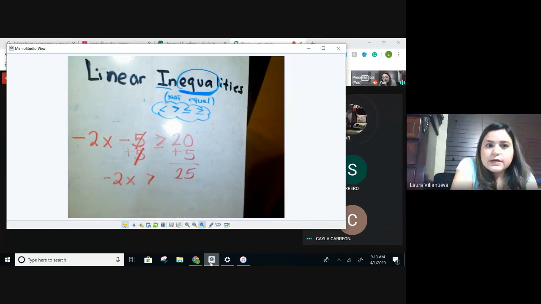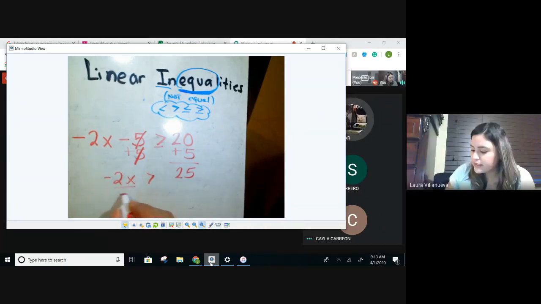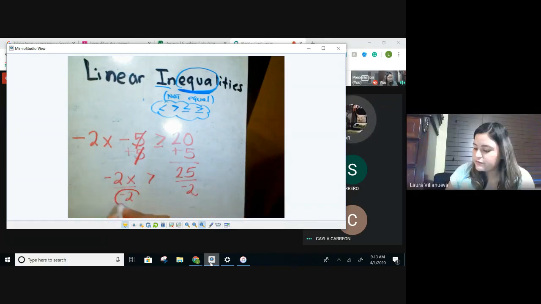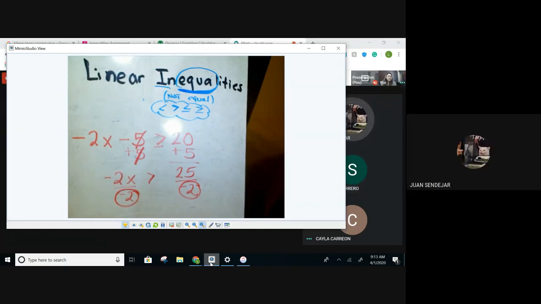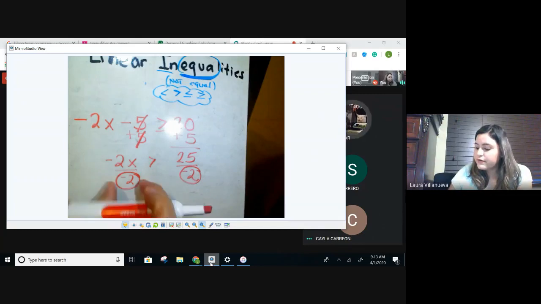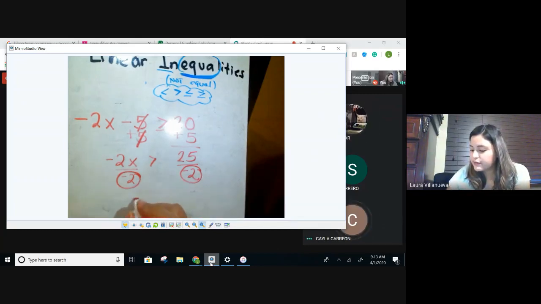Now, you're going to divide by the number in front of the x, which in this case is negative 2. So I'm going to divide by negative 2. Whenever you divide by a negative, this is the only difference for inequalities. If you divide by a negative, you're going to flip the inequality.